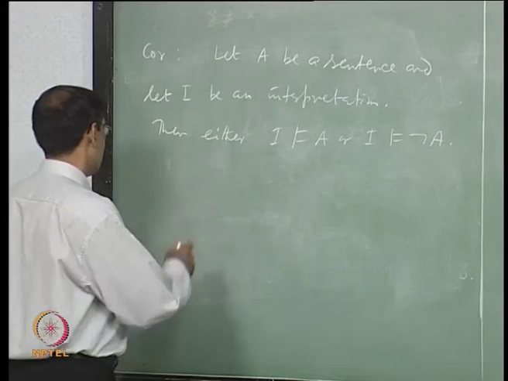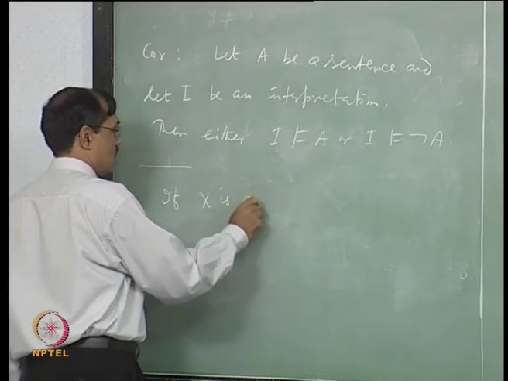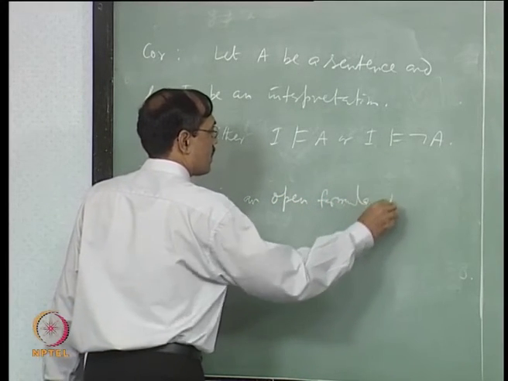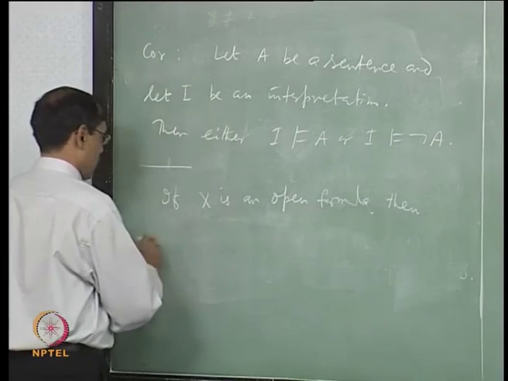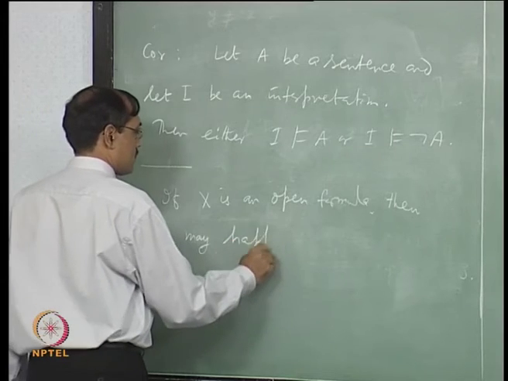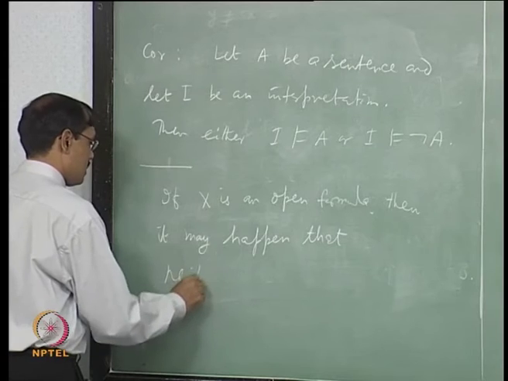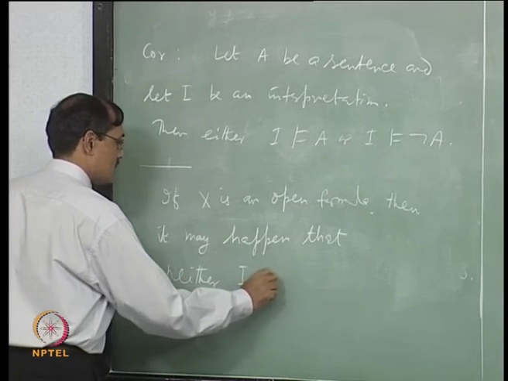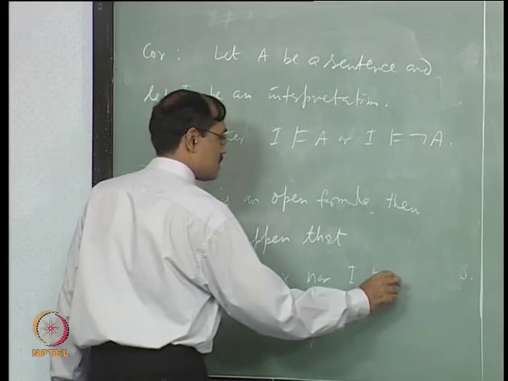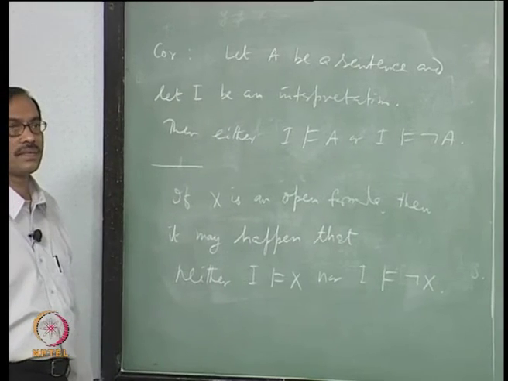So, what we are telling is, if X is an open formula, then it may happen that neither I satisfies X nor I satisfies not X. That can happen.